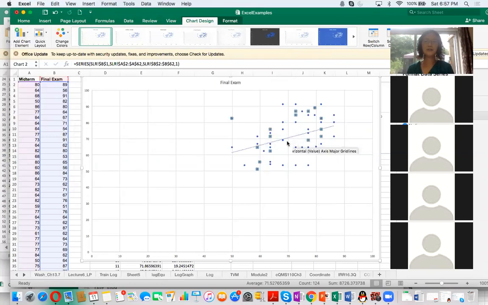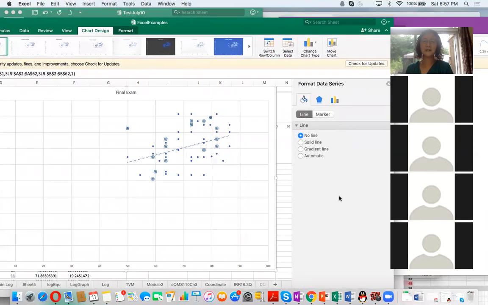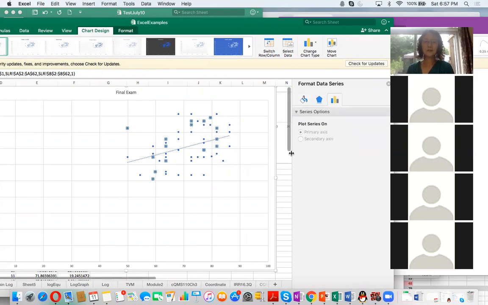See, I can produce all the original dots around this straight line. And I can format series options. So this is the straight line here.